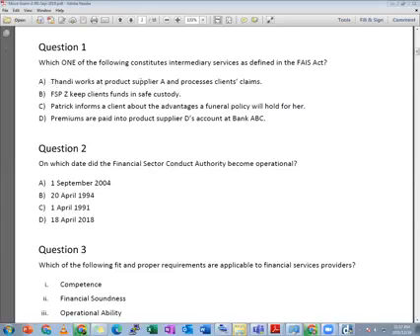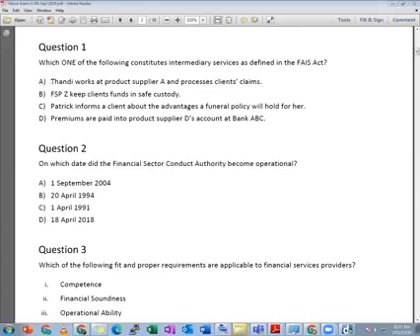Tandy works at product supplier A and processes clients' claims. FSP Z keeps clients' funds in safe custody. Patrick informed a client about the advantage of the funeral policy. Premiums are paid into product supplier D's account.